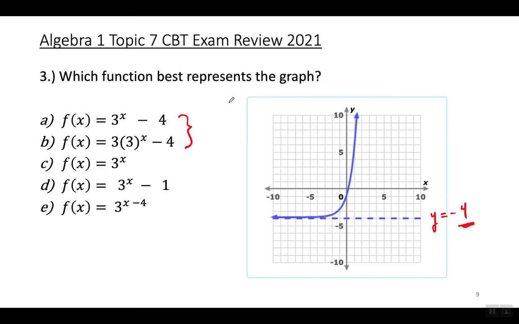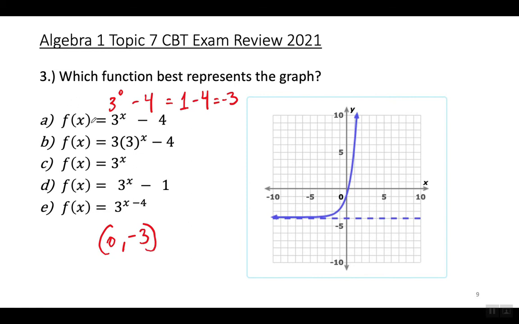In letter A, if x equals 0, you're gonna have 3 to the 0 power minus 4. What's 3 to the 0 power? Any number to the 0 power equals 1, and 1 minus 4 equals -3. So when x is 0, y equals -3 in this answer.